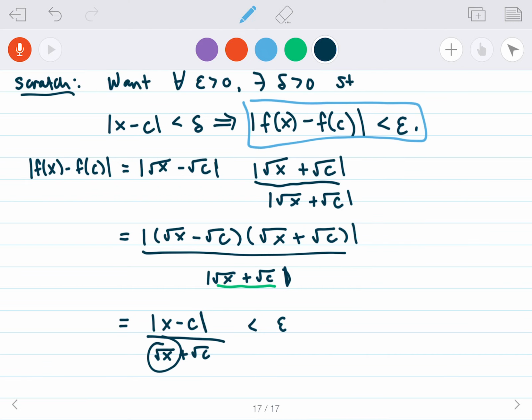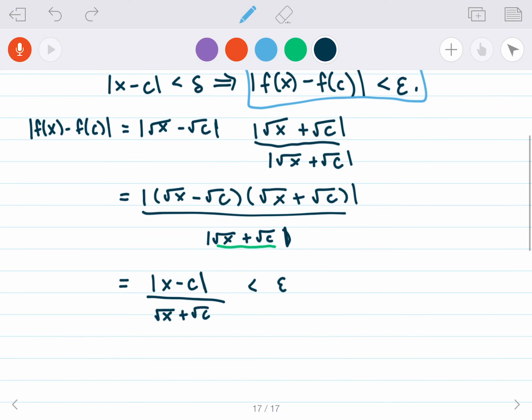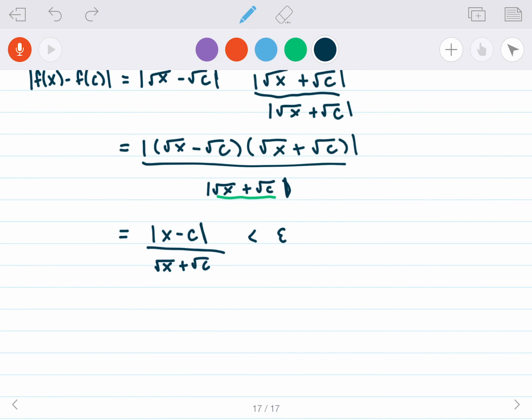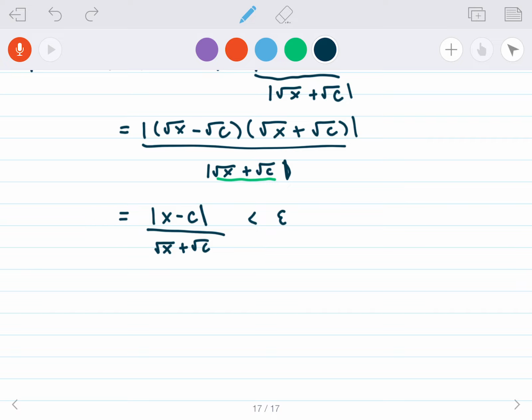Let's get rid of the root x because remember, I don't want to choose delta to depend on x, so let's bound it. Okay, so the bounding here is I know that this whole thing, since root x is positive or 0, is going to be less than or equal to x minus c over root c.